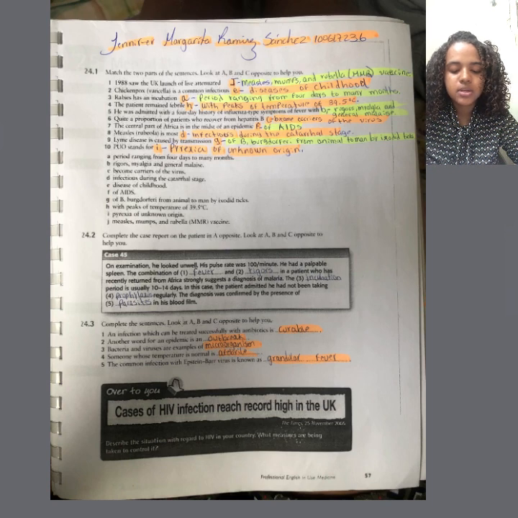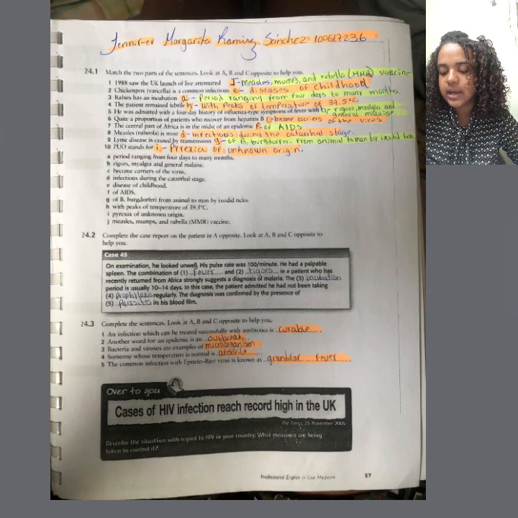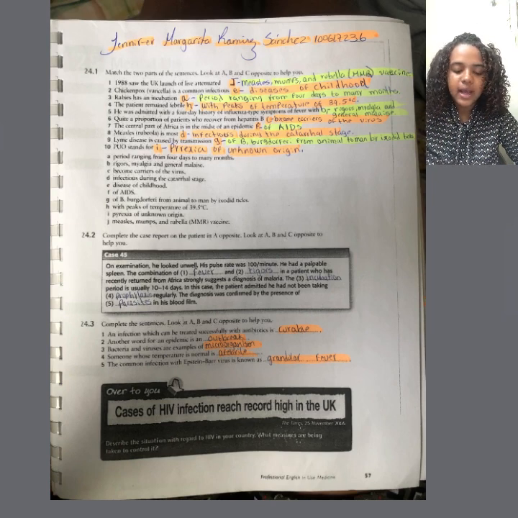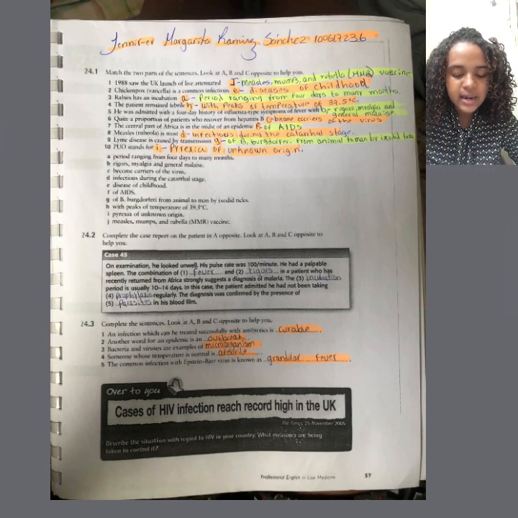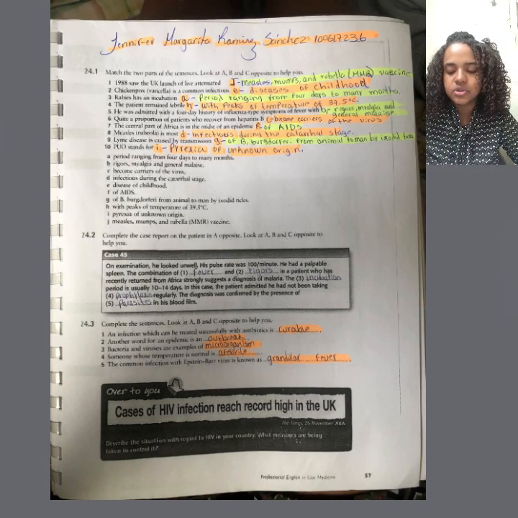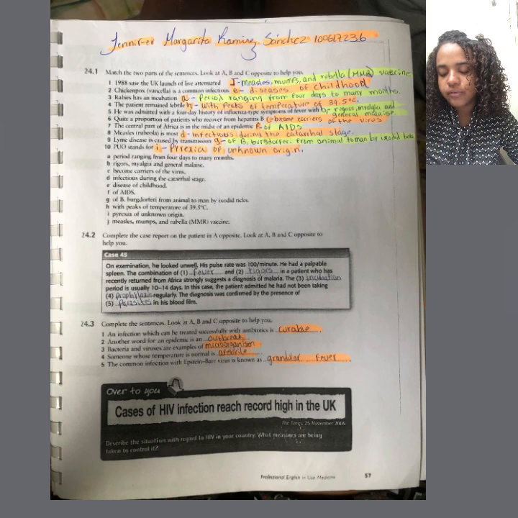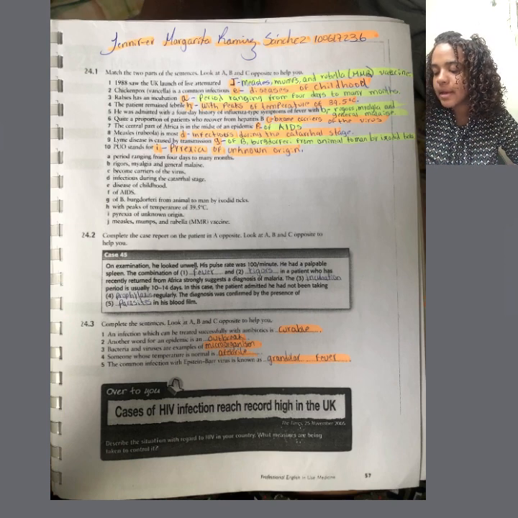Number 8, measles and rubella are most infectious during the catarrhal stage. Number 9, Lyme disease is caused by the transmission of Borrelia from animals.